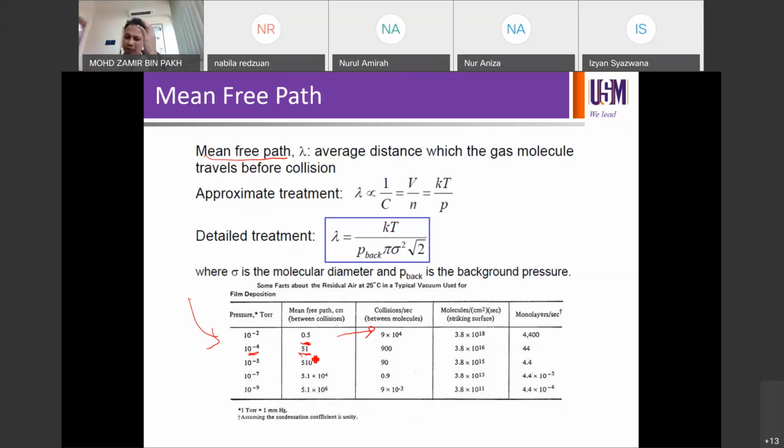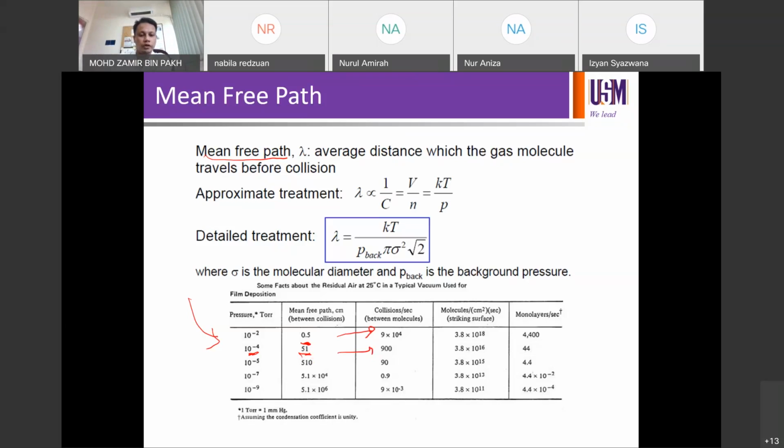But 50 is typically enough depending on the system that you have, the chamber size and so on. That corresponds to about 900 collisions per second. So a lower pressure translates into fewer collisions per second because you have fewer particles, fewer residues, fewer contaminants left inside the chamber at that particular vacuum pressure.